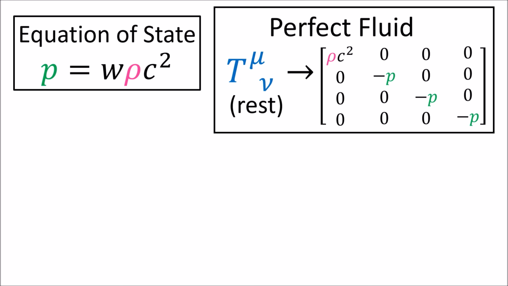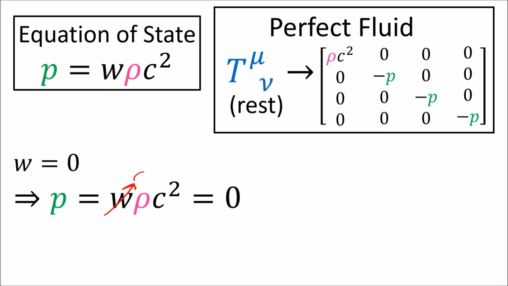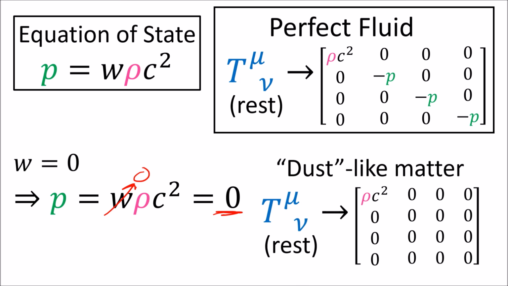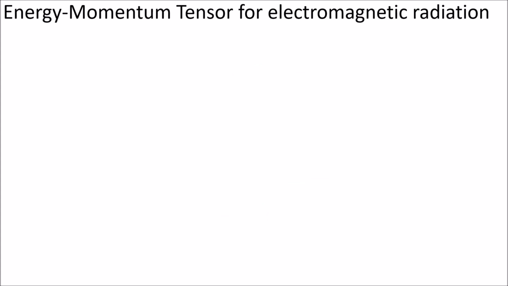Now let's look at how the value of W affects our energy momentum tensor. If we set W to 0, this means the pressure is set to 0, and we're only left with mass density. This gives us an energy momentum tensor for dust, which is suitable for describing massive matter that doesn't exert any pressure. What if we wanted to describe radiation instead of matter?